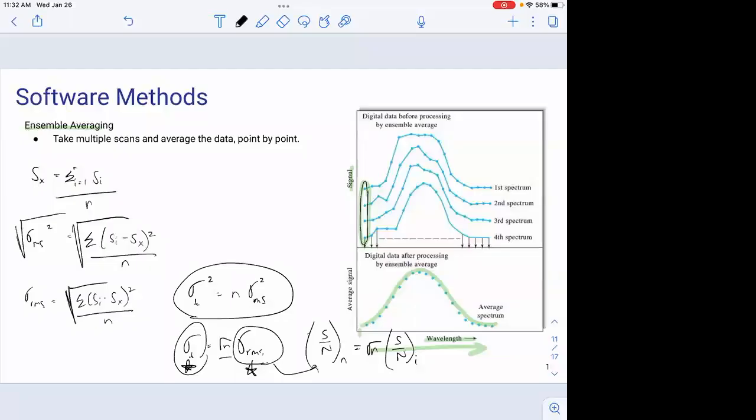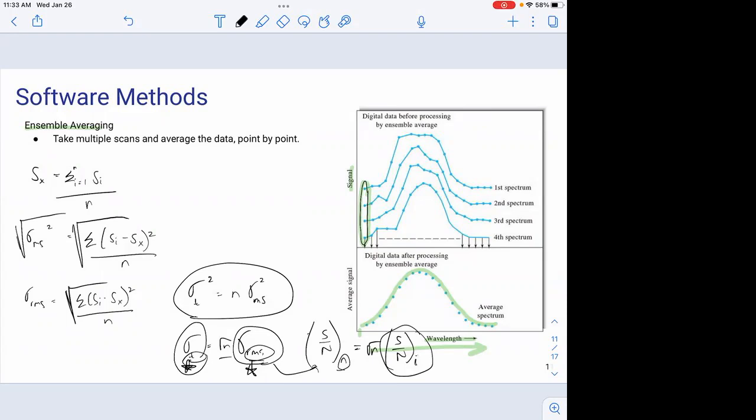Across many spectra, for a total noise measurement, I've got signal to noise, S over N, for n measurements, multiplied by the square root of n. And this guy over here, because we're talking about root mean squared noise in a single spectrum, I'm calling the signal to noise ratio for an individual spectrum.